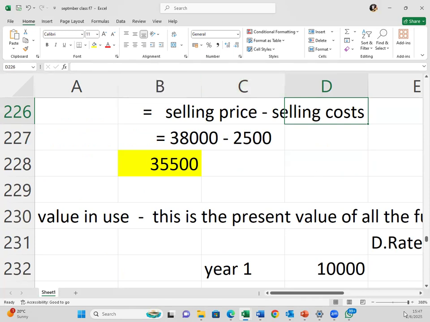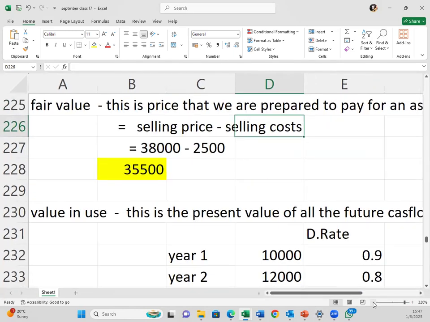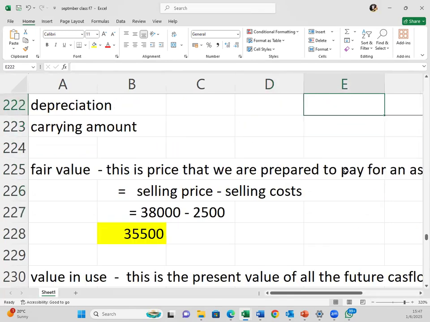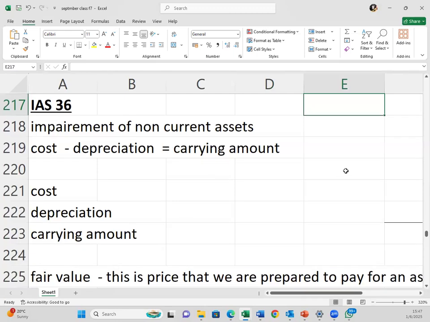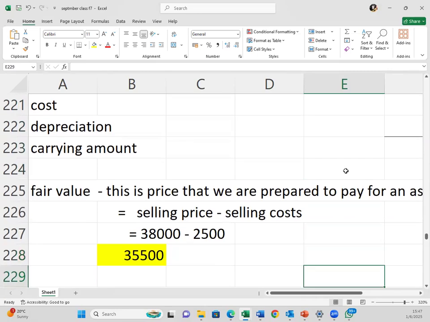Currently in the market, how much is this asset going for? So we need what you call the fair value. The fair value is what those in the market are willing to pay you for this asset. So currently, if we are to find the highest bidder in the market, how much are they willing to pay us to get this asset?